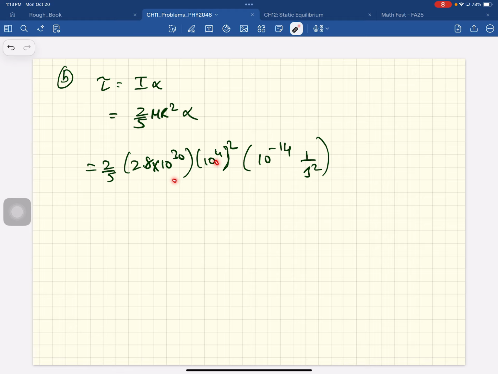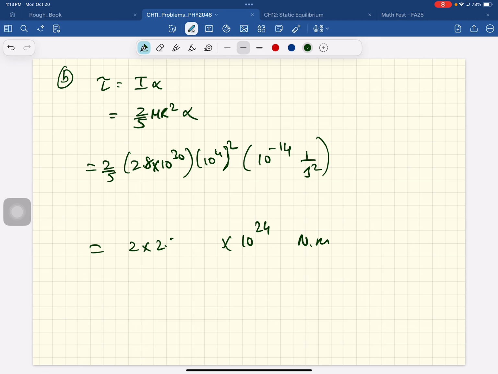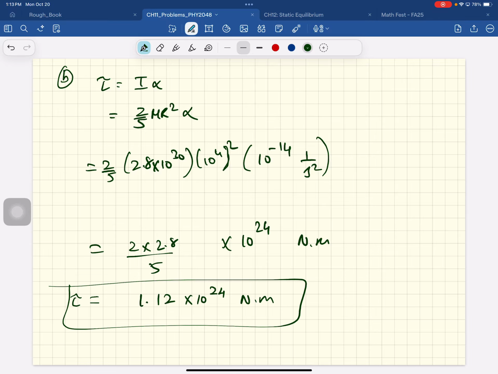This is in newton meters, 2 times 2.8 divided by 5. So that's the torque slowing the neutron star down.